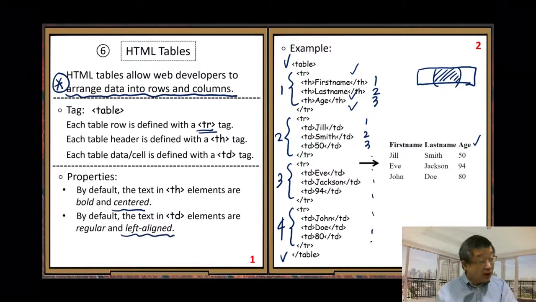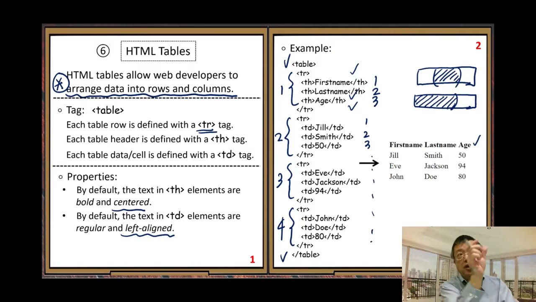So that's the non-header table cell. If you have more space, it aligns to the left by default. Now you can change that. If you want to make it centered, then you need to add a special attribute to make it centered.